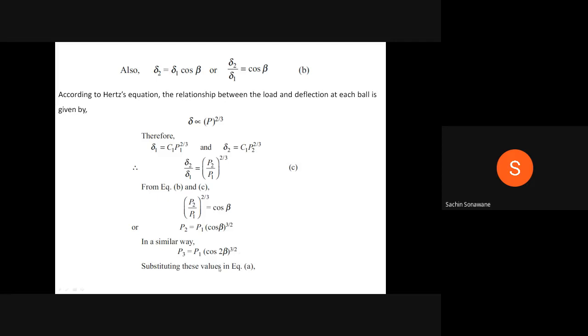Substituting the values of P2 and P3 in equation A, we get CO is equal to P1 plus 2 into bracket P1 cos beta raised to 3 by 2, into cos beta, plus 2 into bracket P1 cos 2 beta raised to 3 by 2, into cos 2 beta, plus and so on.